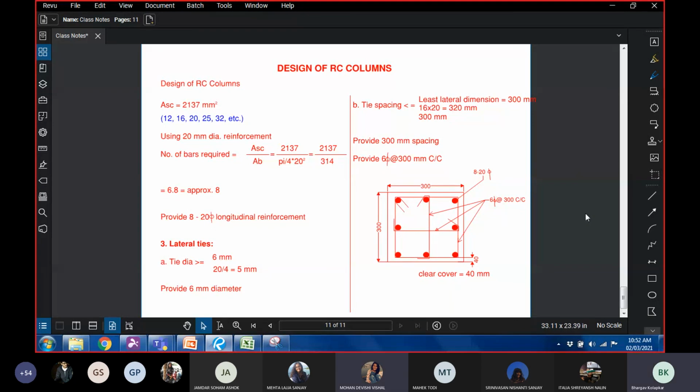Where does the tying of the column start from? Normally we start at 50 mm from the face of the beam.